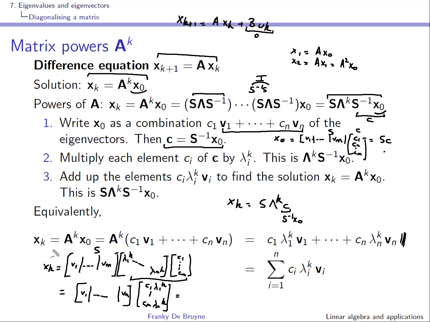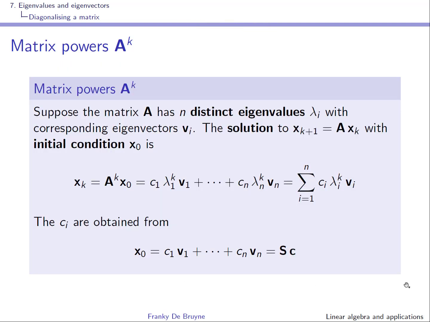So the solution of this equation with initial condition x0, written as a linear combination of the eigenvectors, is obtained by this equation over here, and it's a sum of terms that involve, of course, the eigenvectors and the eigenvalues.